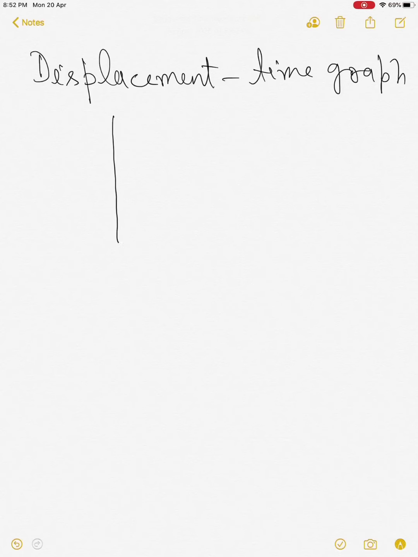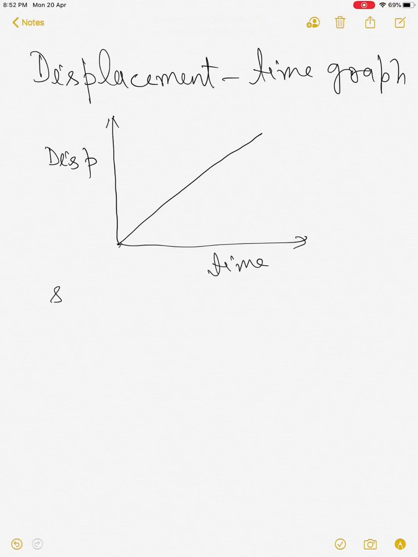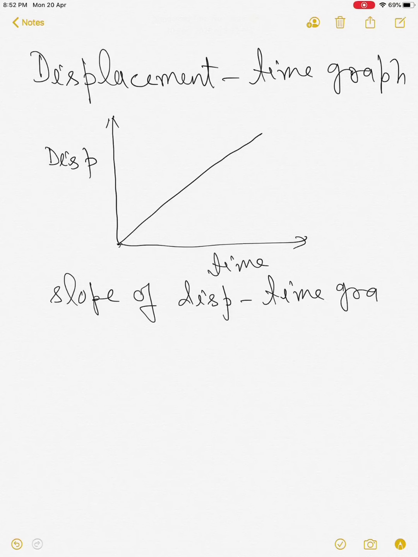The slope of the displacement time graph gives velocity.